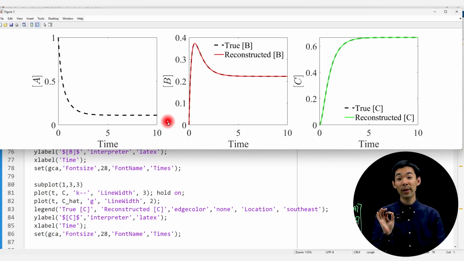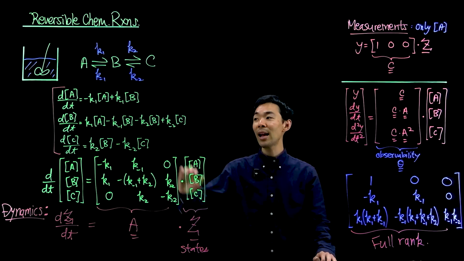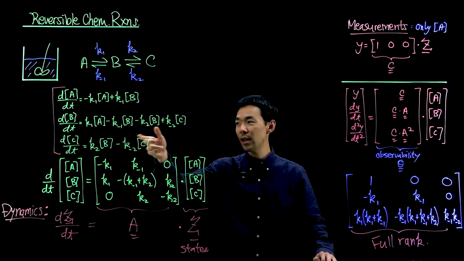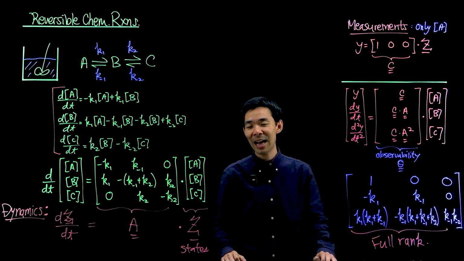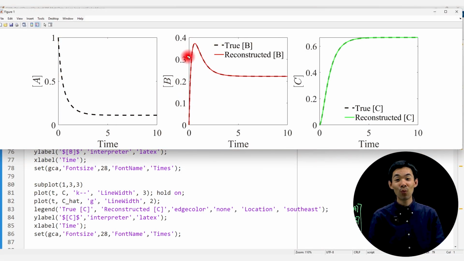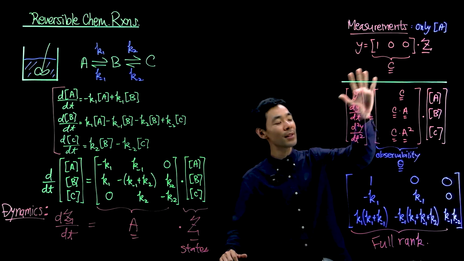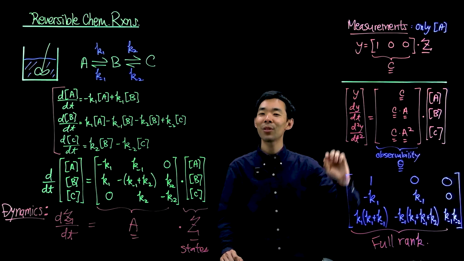That's all we know. For B, what I'm showing you here is, first of all, the dashed line is the true simulated data set. That came from solving this ODE. We have a time history of species B. That's what's plotted in the dashed black line. Now, this red curve right here that smack-on overlays on top of the true set came from this observability calculation.